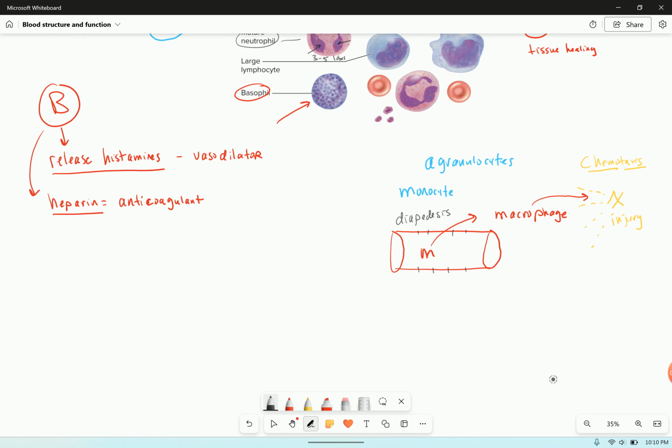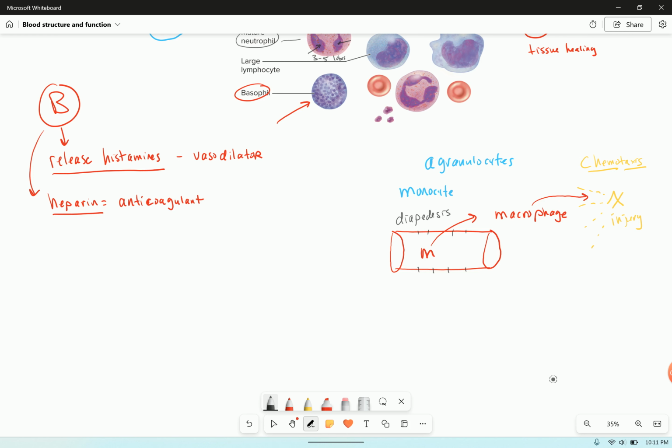A monocyte, when it leaves, so diapedesis, turns into a macrophage, goes to the site of interest, and does its engulfing. So it's a big eater. It is a phagocyte, and it also cleans up dead cells and debris, and it's also responsible for a major histocompatibility complex, which is part of our immune system, which is a discussion for another time.